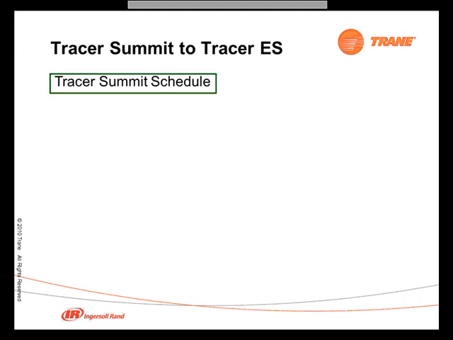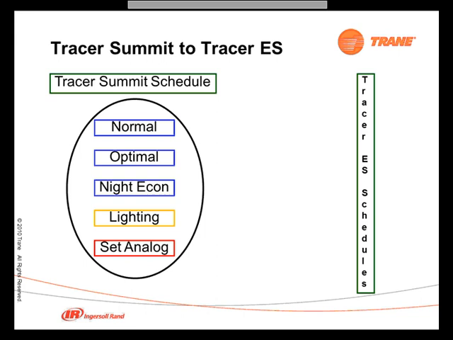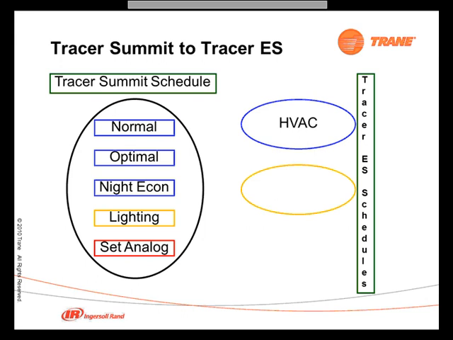On the Tracer Summit side, we have the different options as normal, optimal, night economized, lighting, and set analog as options for the schedules. Now, two of those remain the same on the Tracer ES scheduling side. However, some of those scheduling options are now called a different name.